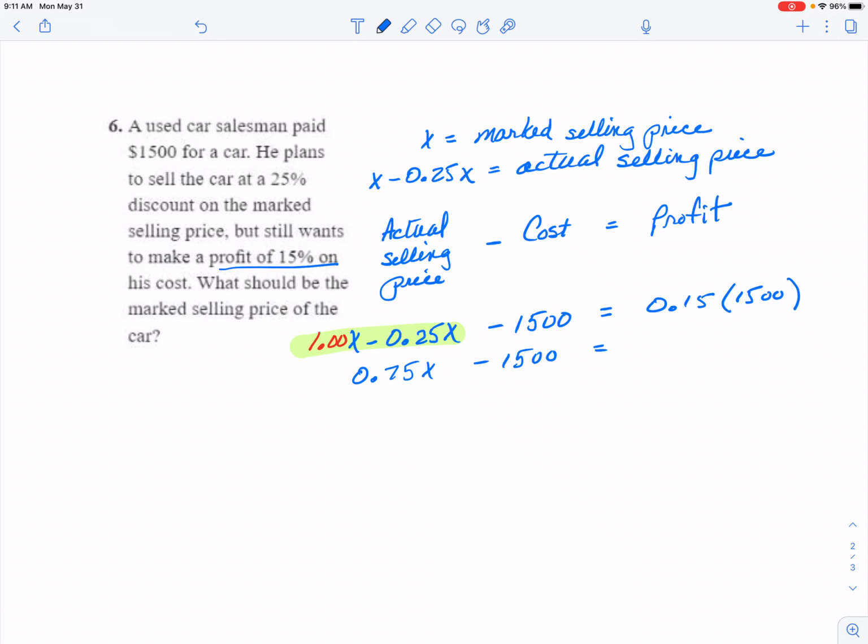And let me go ahead and get 15% of 1,500. That's $225. And now I'm going to add this 1,500 to both sides.